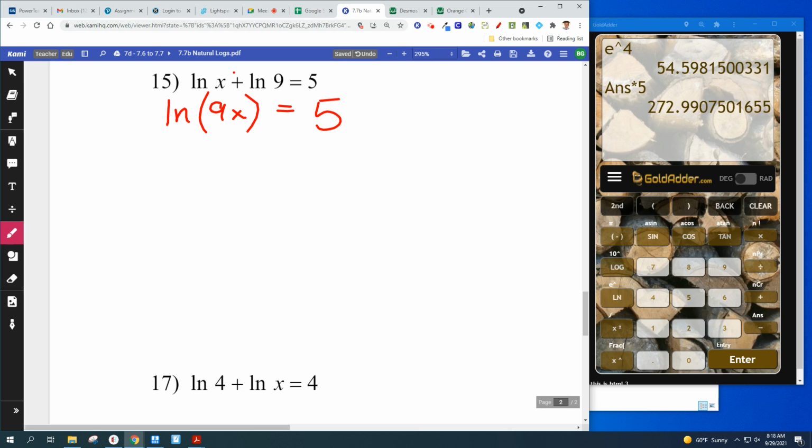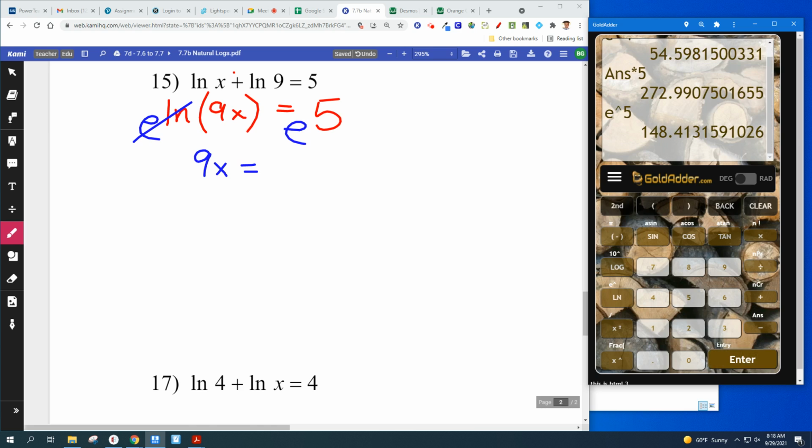We've got to get rid of that log. So we're going to do a base e on both sides. 9x is going to equal whatever e to the 5th power is. 148.4132.